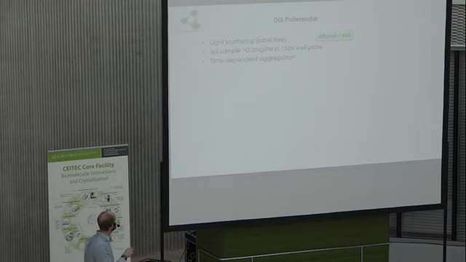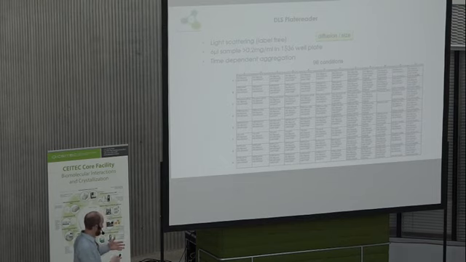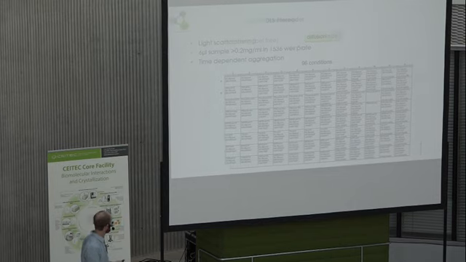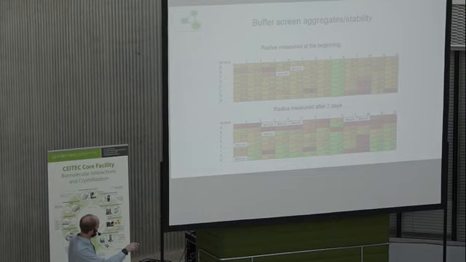What we typically do is measure time-dependent aggregation. We have, for instance, 96 different conditions: buffer mixtures, whatever you prefer, pH screens, salt screens, and so on. Then you measure the size of your sample, and you get different sizes for each of the 96 conditions.